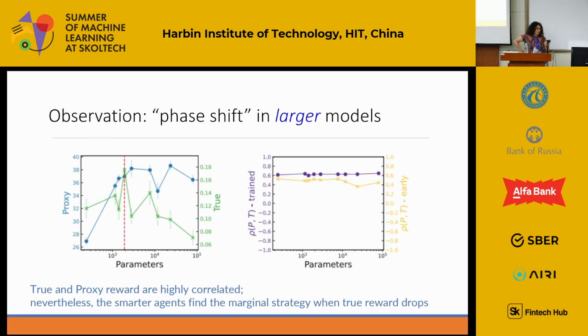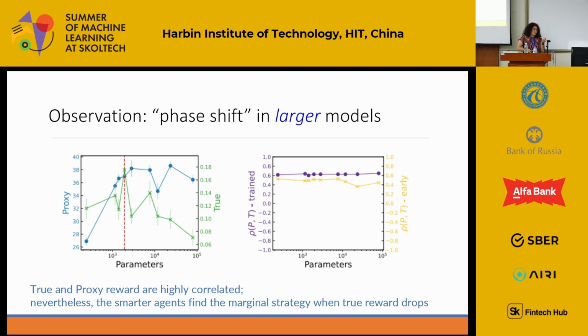Interestingly, when this reward hacking behavior was observed, we observed a phase shift, so it could be somehow detected on the training loss. In the beginning, the model trains both rewards together. At some point, it understood that they could diverge and started to optimize only one reward and decrease the other one.